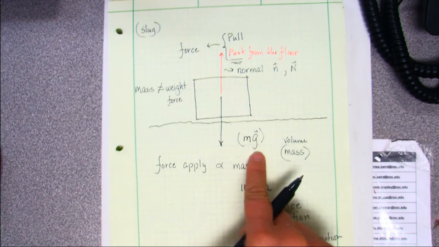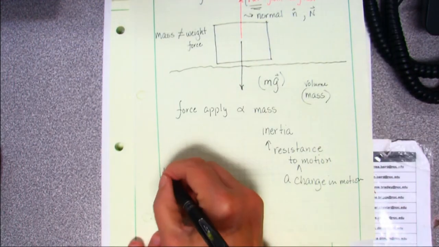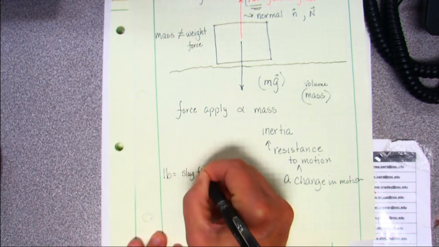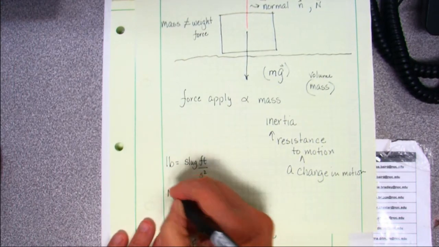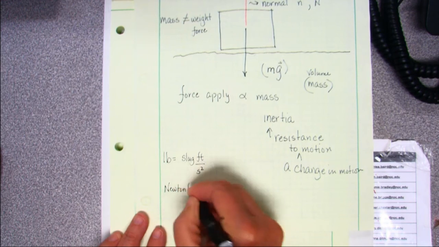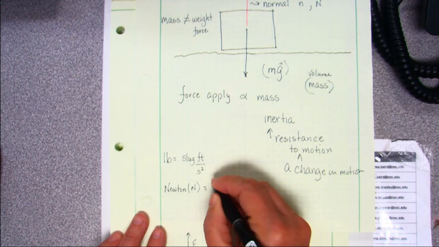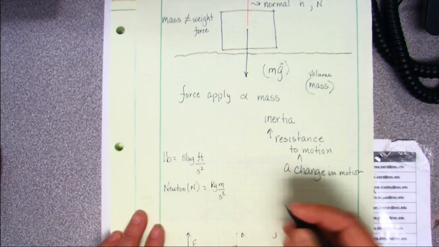So weight is a force. In the English system, a pound is defined as a slug foot per second squared. A newton, which is going to be our unit of force, is a kilogram meter per second squared.